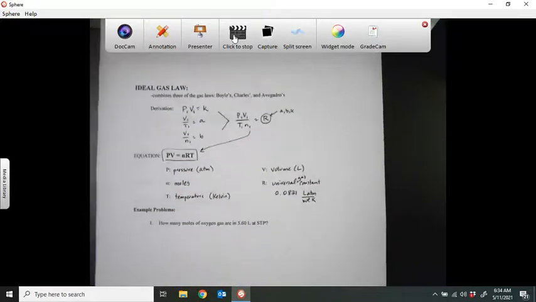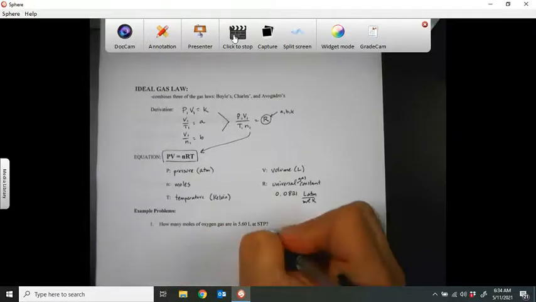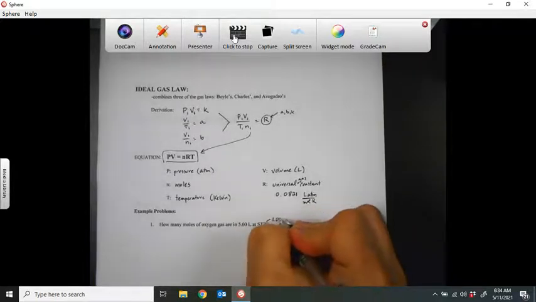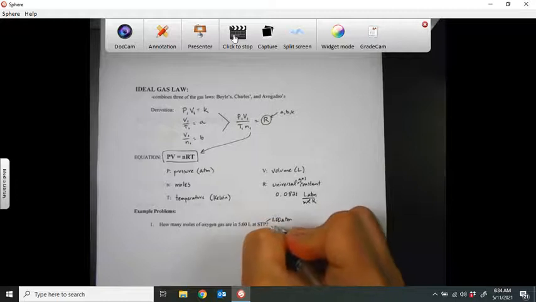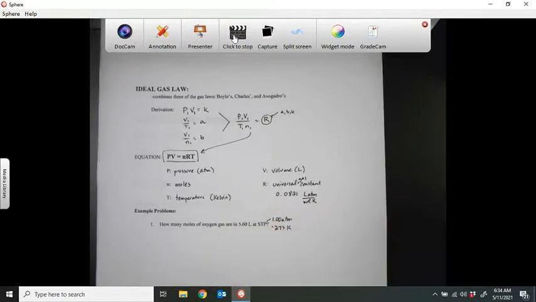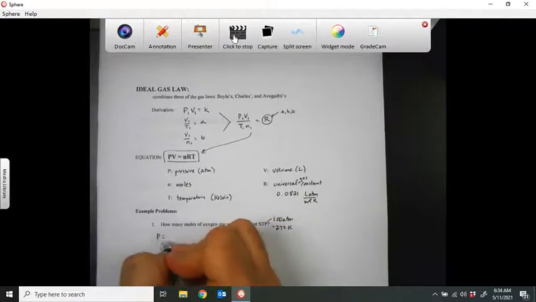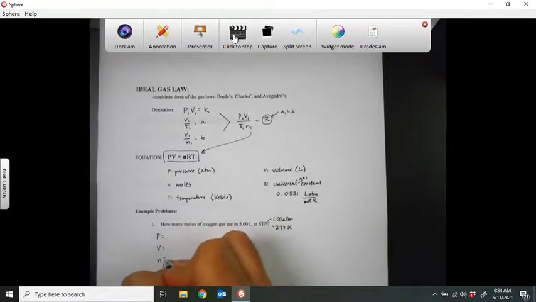So let's look at an example. How many moles of oxygen gas are in 5.6 liters at STP? So with this, STP, standard temperature and pressure, we know is 1.00 atmospheres and 273 Kelvin. So that's the definition of STP. So like we've done with all of our other gas laws, we're going to define our variables.